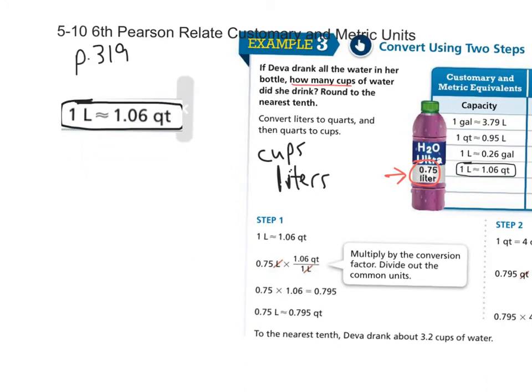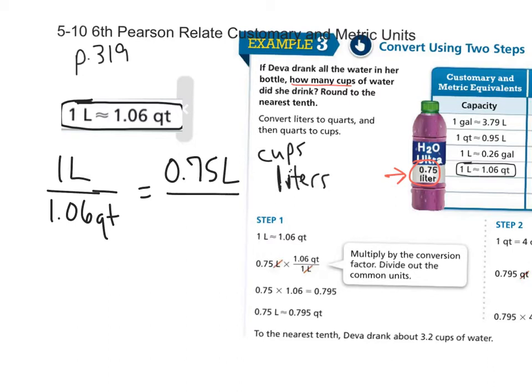So if 1 liter is 1.06 quarts, we have 0.75 liters. So from that we can figure out how many quarts that is. And then remember, we still have another step after this because we have to figure out how many cups it is. So one way we could do this, we could go from 1 to 0.75 by multiplying by 0.75.